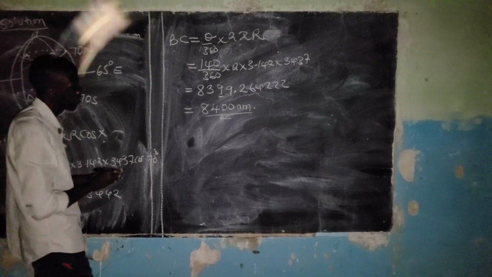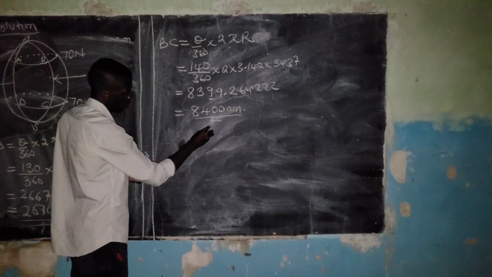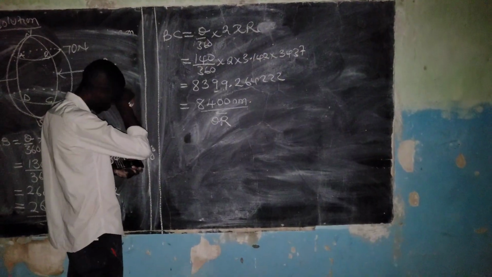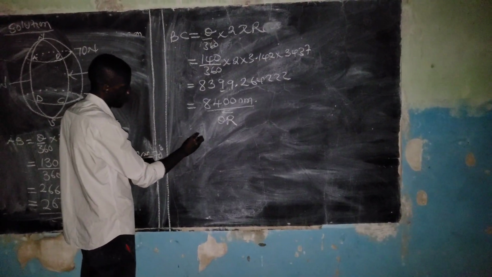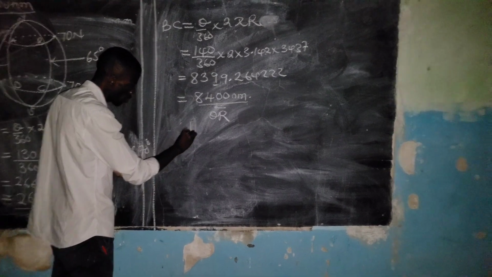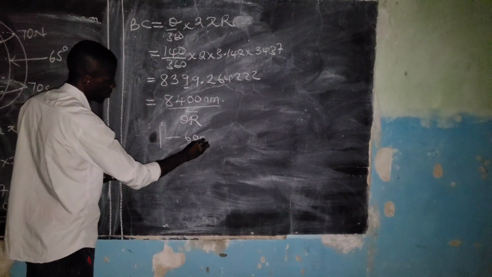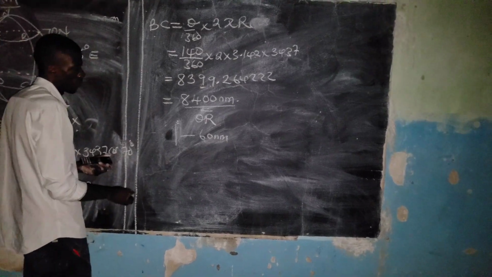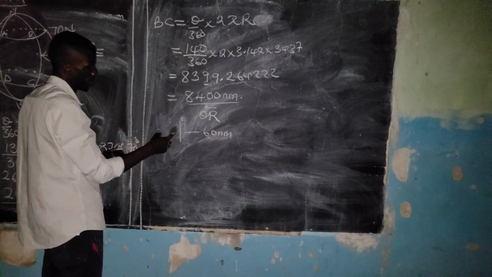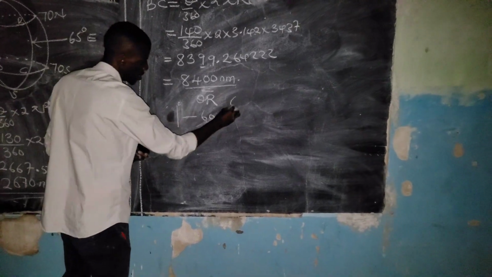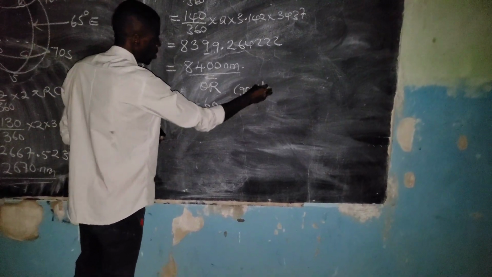The other way, remember in nautical miles, 1 degree is equivalent to 60 nautical miles. Okay, so if you don't want to use this method, if 1 degree is equal to 60 nautical miles, that is in a great circle, please. This is a great circle.